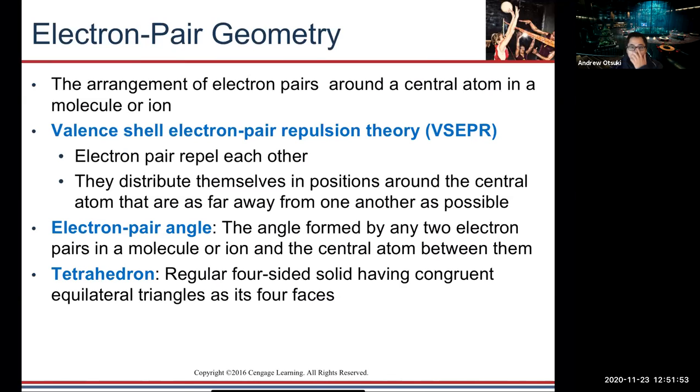All right, we have 1 minute, so we're going to end on this slide. Electron pair geometry: when we arrange those electron pairs around the atoms, that's called electron pair geometry. We can classify what these structures look like based on how many electron pair groups are around the central element, the atom in the center.